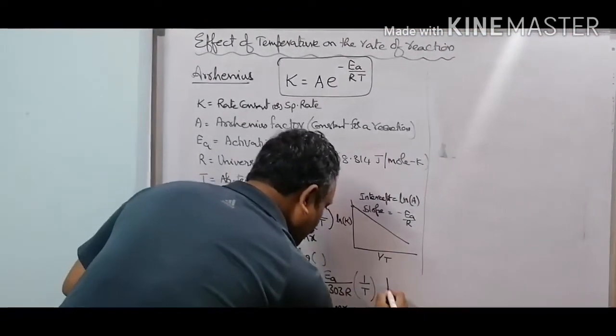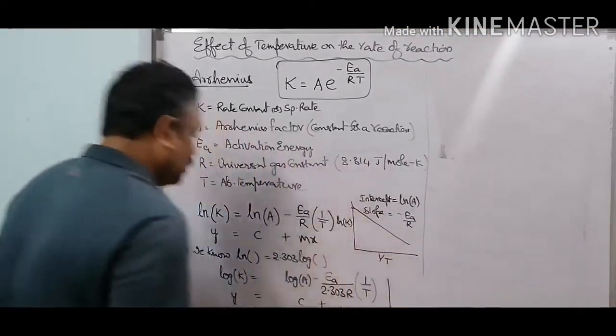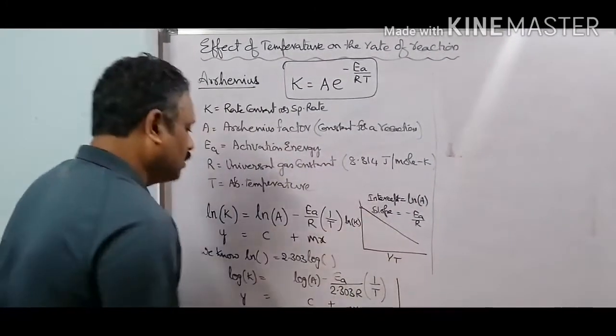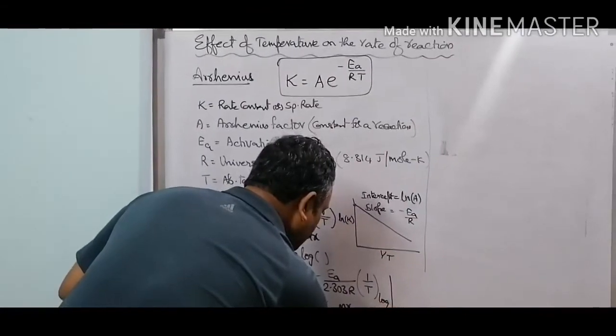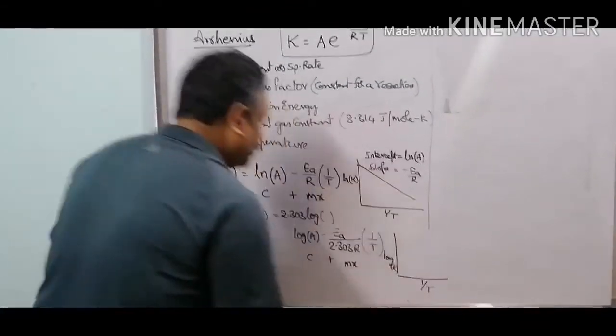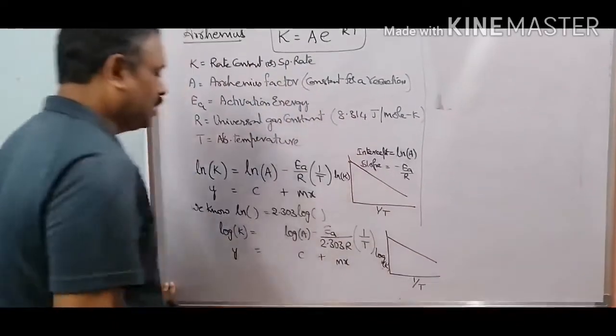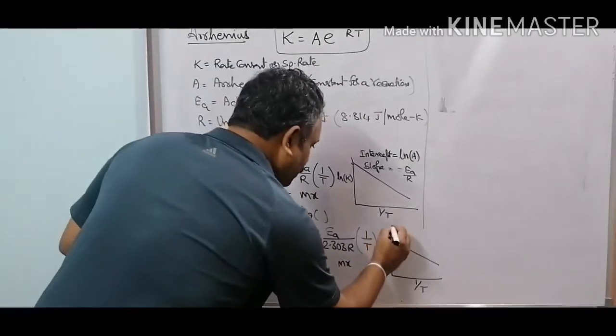You will get a similar looking graph. On the x-axis, now it is the same term 1 by T. On the y-axis, it is log of k value, and it is making an intercept with a straight line with a negative slope. So what is the intercept now?